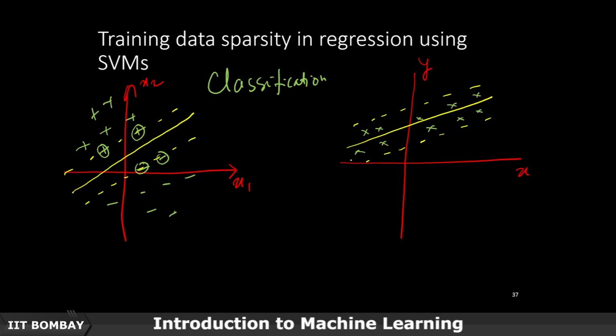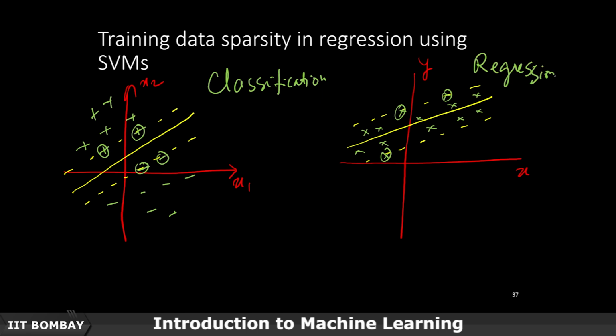The points that are on the margin are the support vectors. So there is no point outside the margin, it's a regression problem.